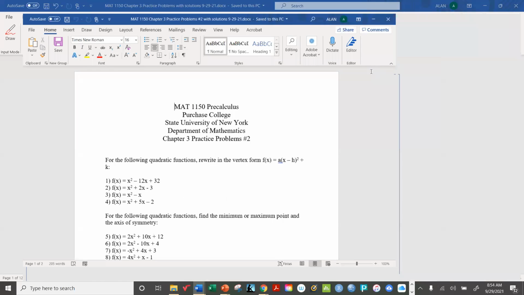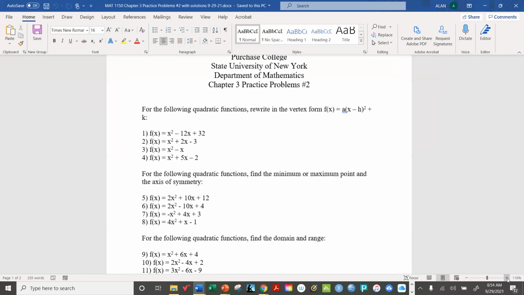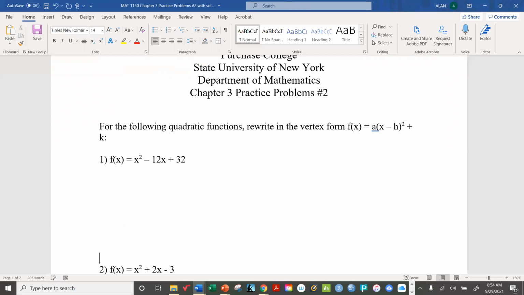Now, these are a little bit different, because remember, these are all questions about quadratic functions and the vertex form. We can write a quadratic equation in terms of a vertex form, and the vertex of a parabola is essentially just the minimum or maximum point.